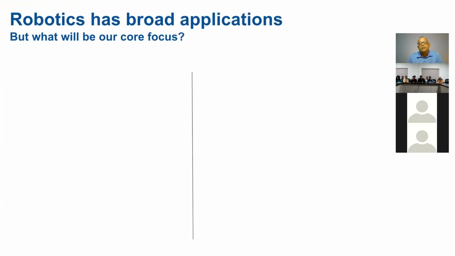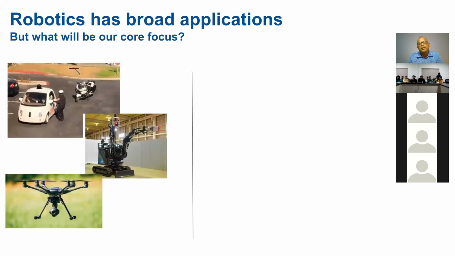So I think the way to look at robotics is that it has broad applications, right? But what will be our core focus? There are various forms of robotics. The most common images that people typically get are a self-driving car, a drone landing a package, or a typical industrial bot.